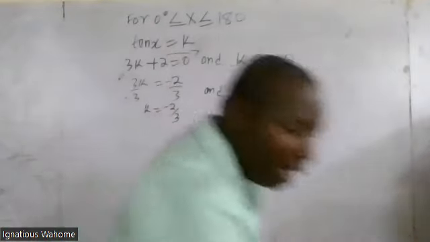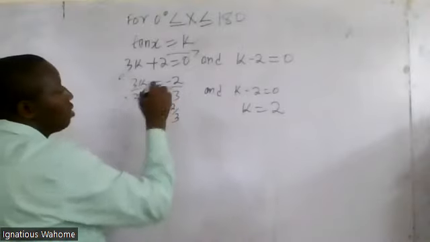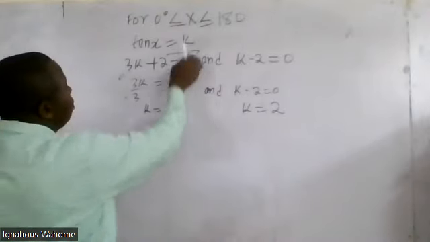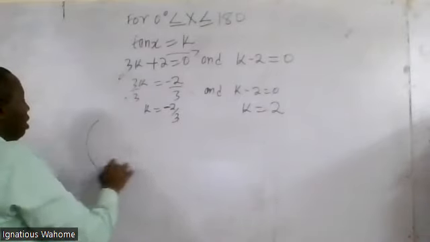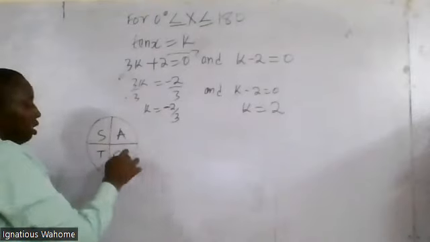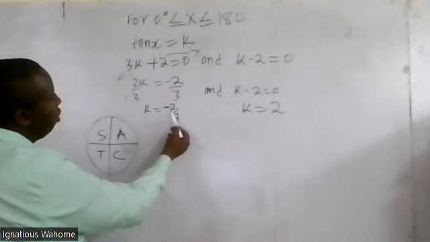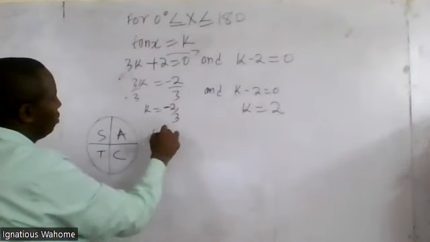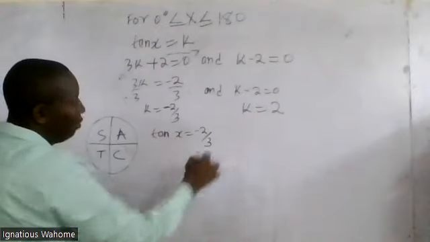So if you get tan inverse, we start with the negative one. The value of x should not go beyond 180. Draw your unit circle, ASTC. When k equals negative 2 over 3, it means tan x is equal to negative 2 over 3.